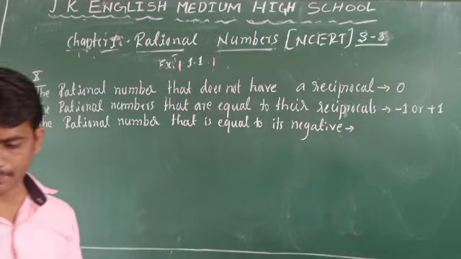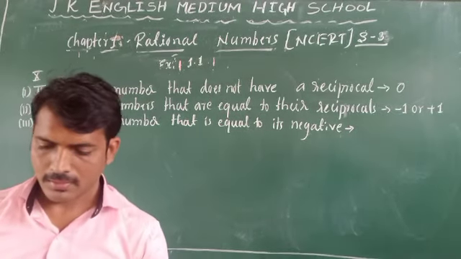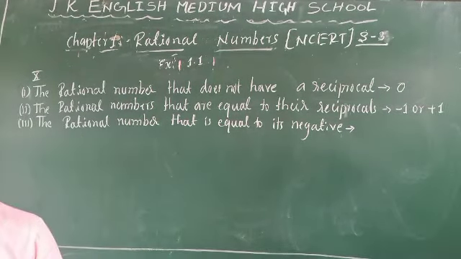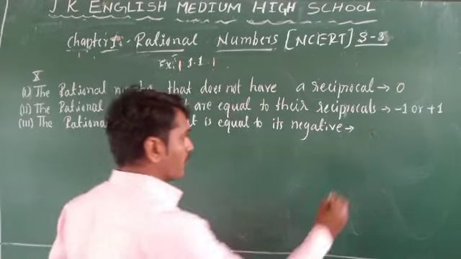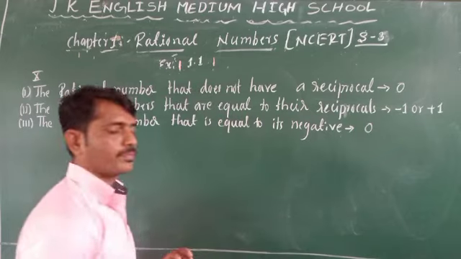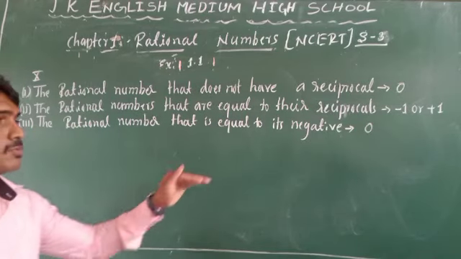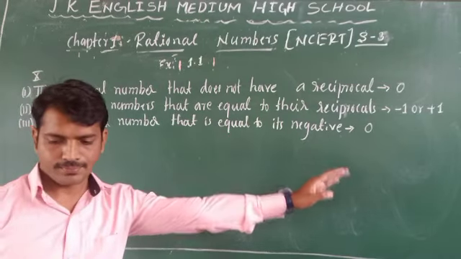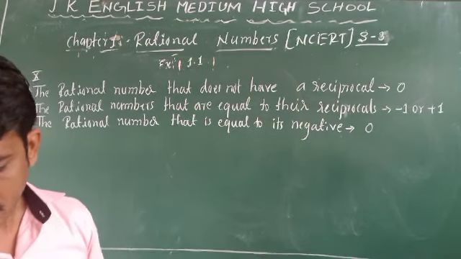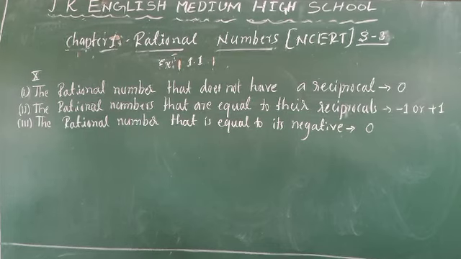Once again read. The rational number that is equal to its negative. The rational number is equal to its negative when the term is 0. Understanding? Otherwise, if the term is more than 0, we get the rational number negative. Okay.